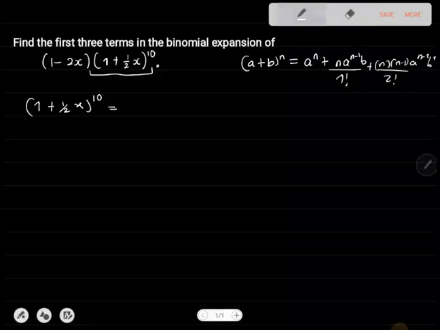This is what we are going to do until we reach the third term.